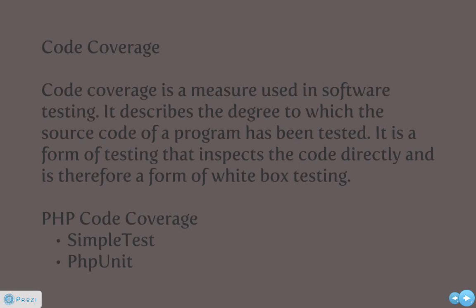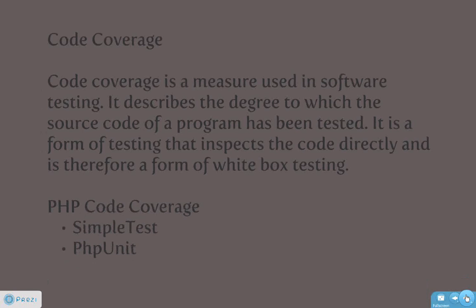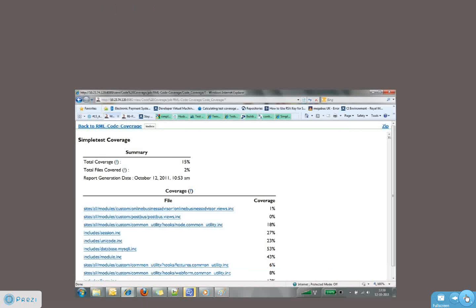It is the same as JUnit in Java and NUnit in .NET. PHPUnit can also be checked in other available tools besides Jenkins. Let me go into the report which shows you how it looks. So this is a SimpleTest coverage report. This will show you the complete percentage of coverage which has been done.